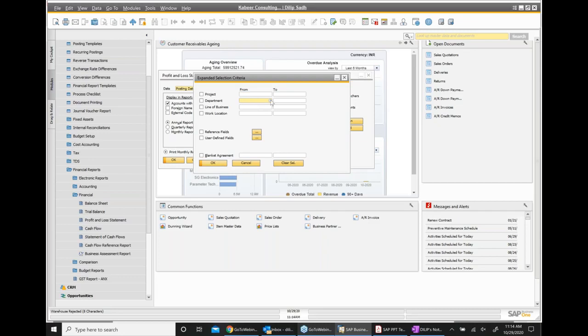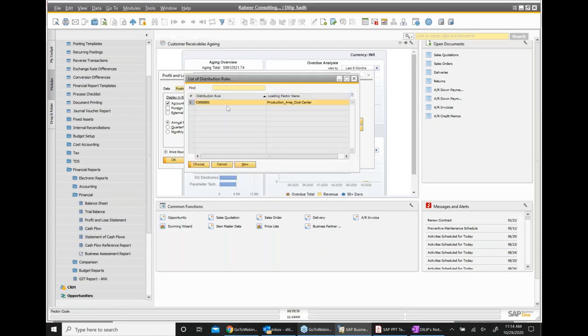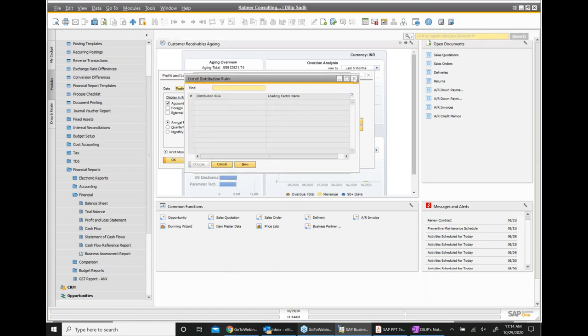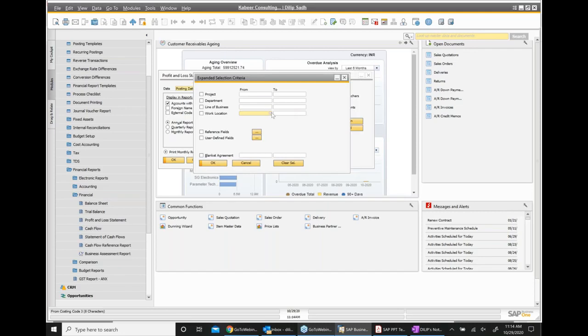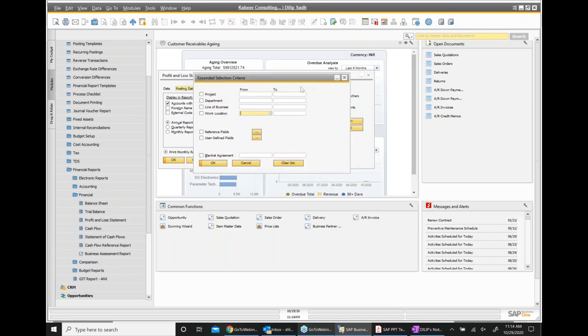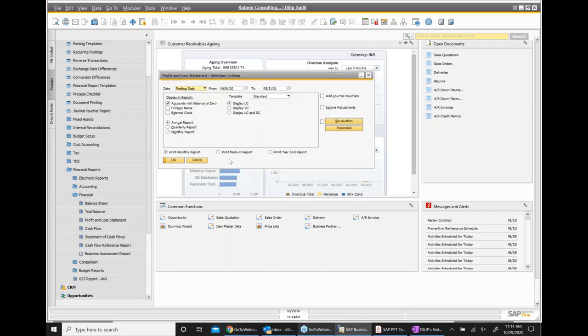Do you want to do your department? If you have some department, this is coming from cost center also. If you have some line of business, if you have a work location, you can choose those parameters as well.